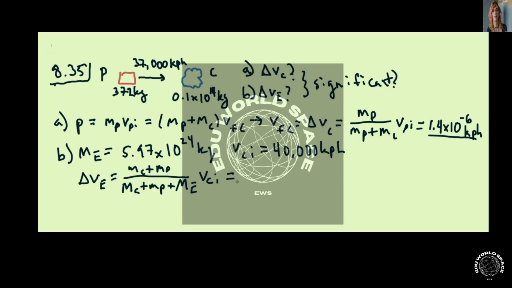And so plugging all of the numbers in, we find that the change in the Earth's speed is a whopping 6.7 times 10 to the negative 8th kilometers per hour, which is even quite a bit smaller than the previous result, even though the difference in terms of the orders of magnitude of the masses is similar.